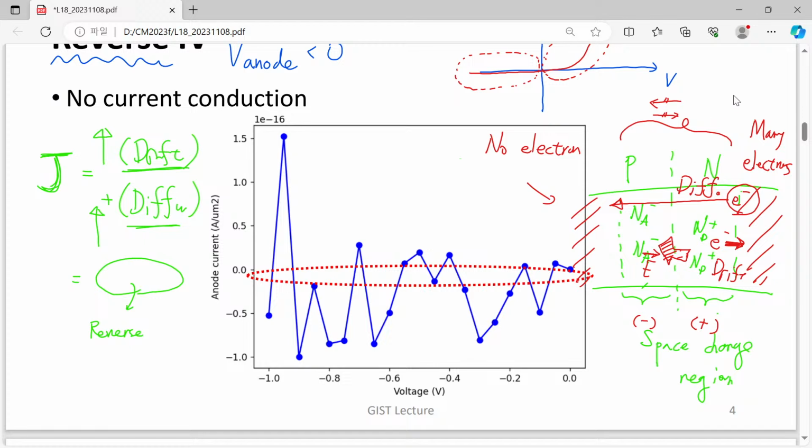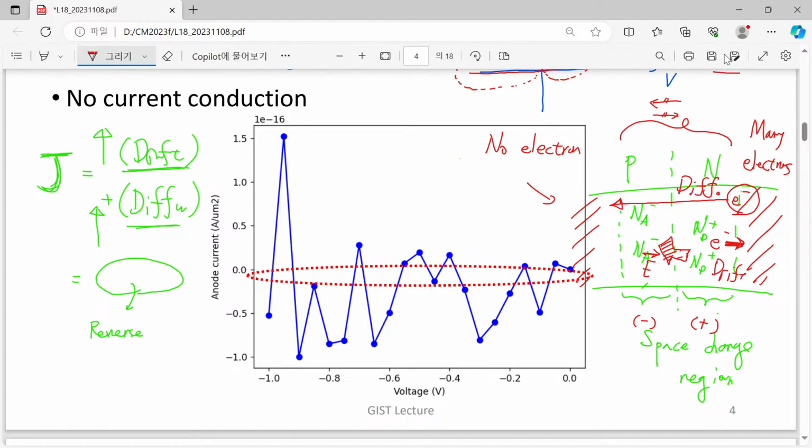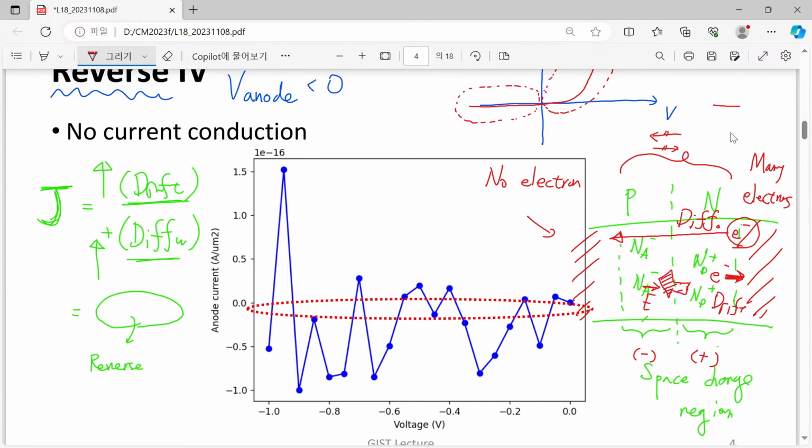Let's say this is diffusion and this is drift.